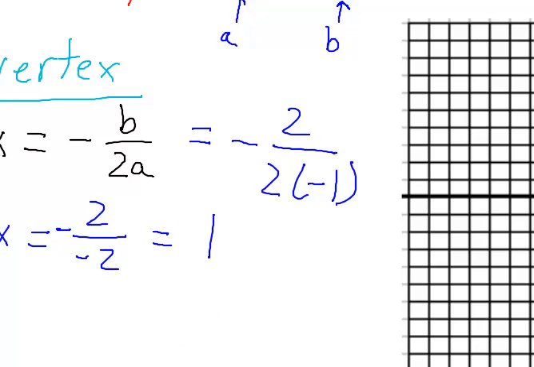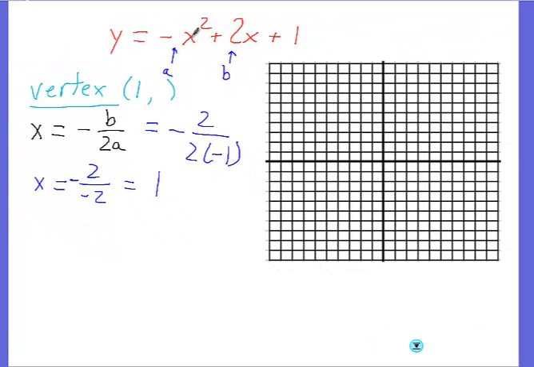Okay, so our vertex is the point where x is positive 1. Now we still have to find the y value that goes with this vertex, okay? But as we know, a point on a graph is just a solution. So if you know one of the coordinates, to find the other coordinate, you just substitute this value in for the variable. Since x is 1, we can substitute 1 for both x's in our equation to find y.